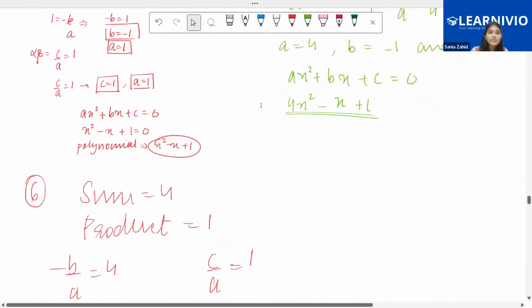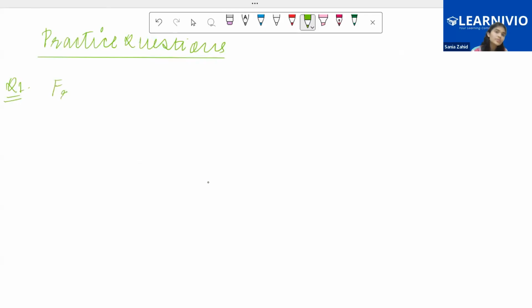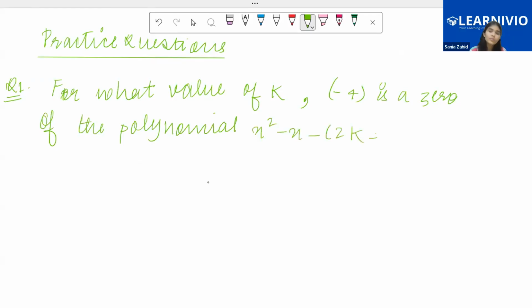Okay, we have some important questions now. The question is, for what value of k is minus 4 a zero of the polynomial x square minus x minus 2k plus 2.